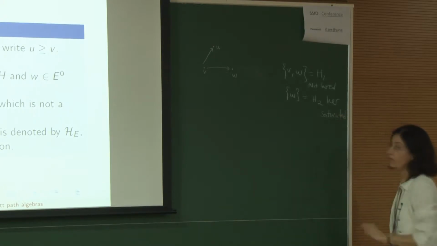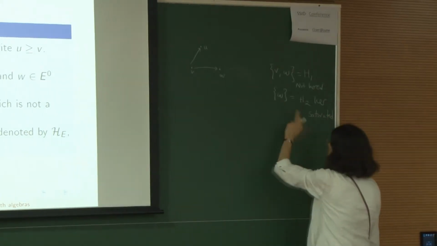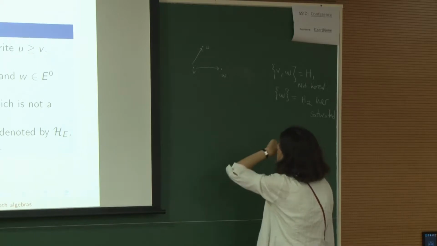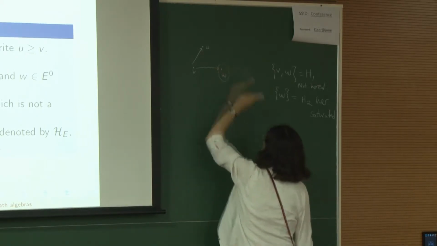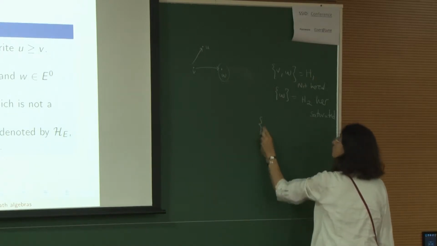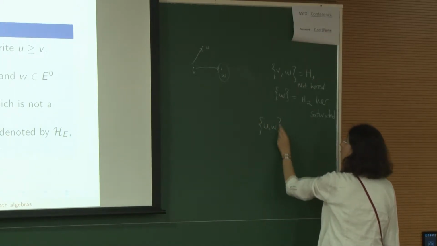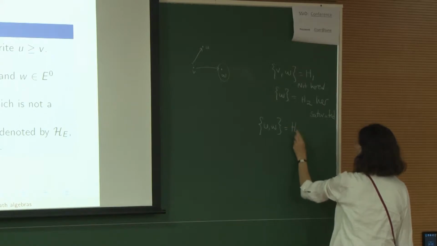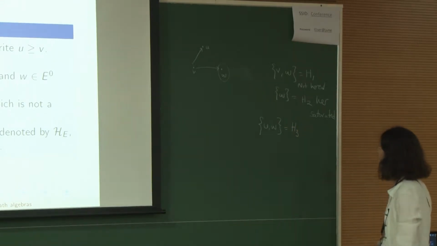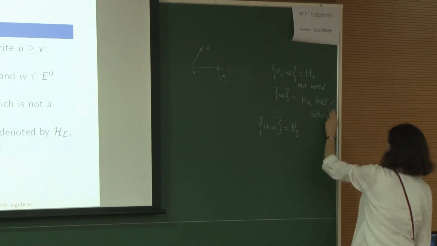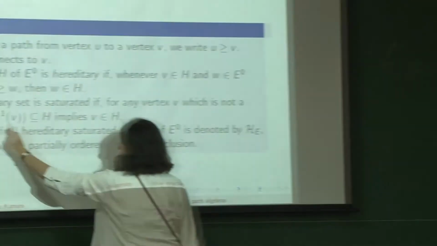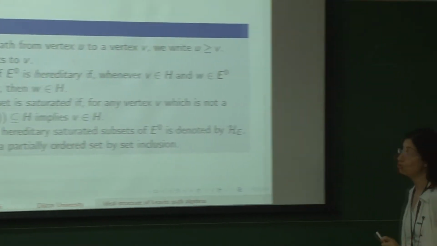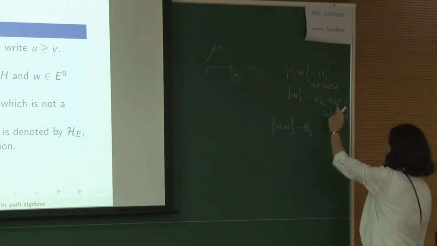The reason being, vacuously it is. Look at this set, I have W here. Let's take this as my third example. This is both hereditary and saturated because there is no B that satisfies this condition in H2, so it's both hereditary and saturated.